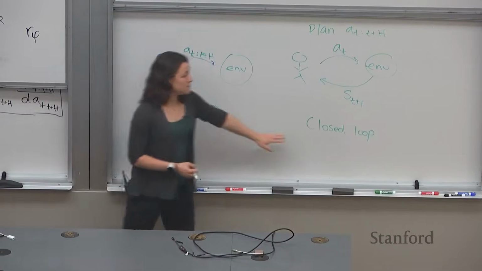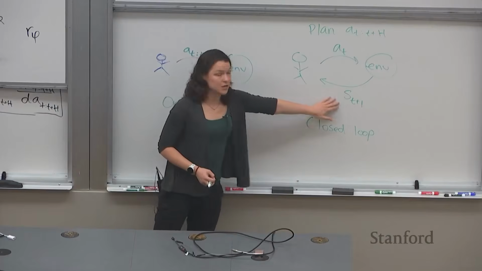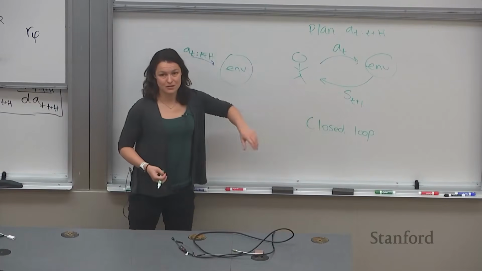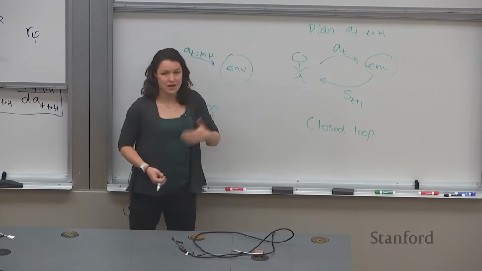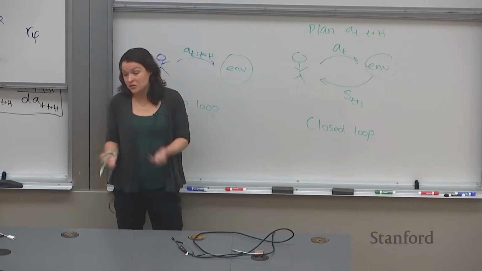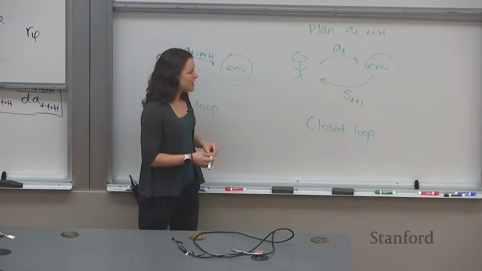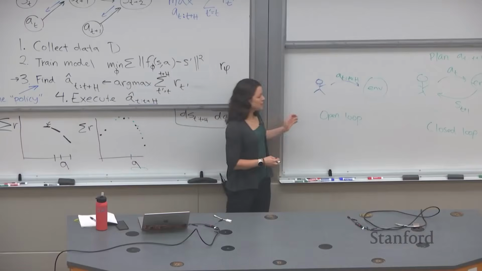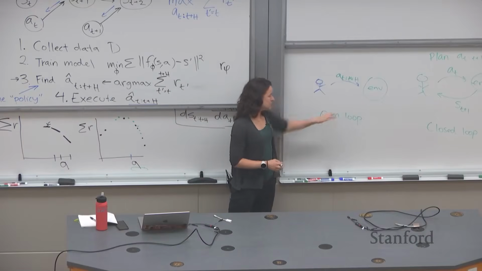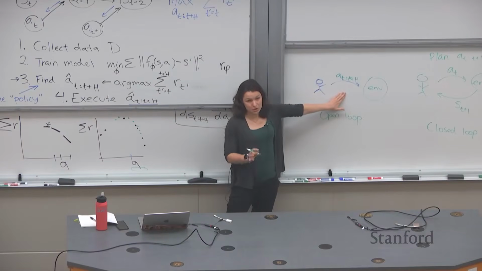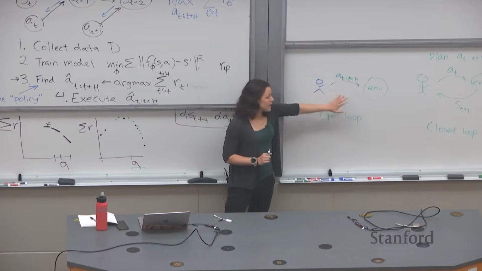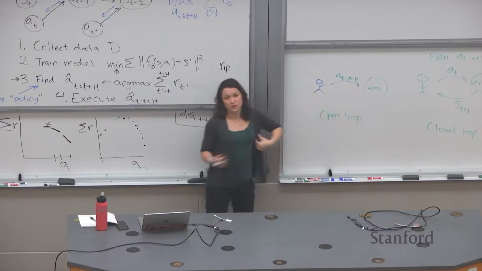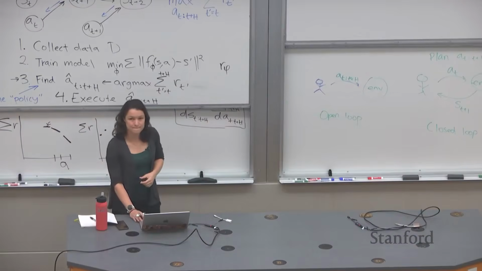Instead, if you're closed loop and you're reconsidering based off of the latest states, then you're able to actually react to those changes and potentially, in some cases, have a much, much better policy. Whereas in scenarios where the world is a little bit more deterministic, it can be okay to be a little bit open loop at times, but you usually never want to have H be too large, otherwise you're executing too open loop.